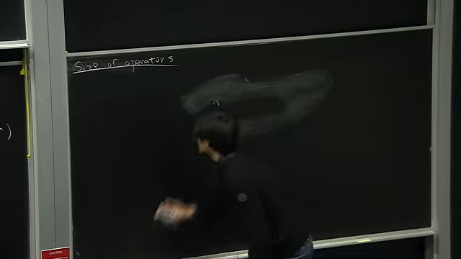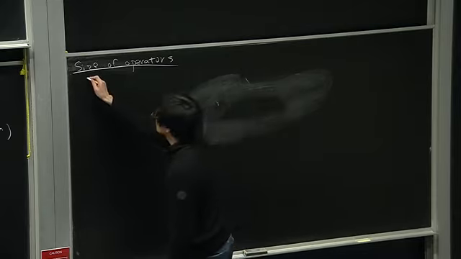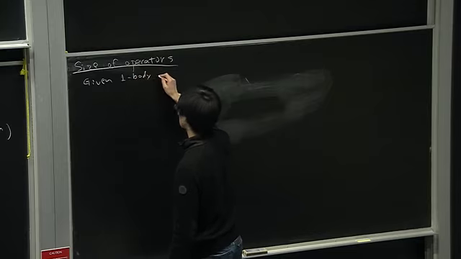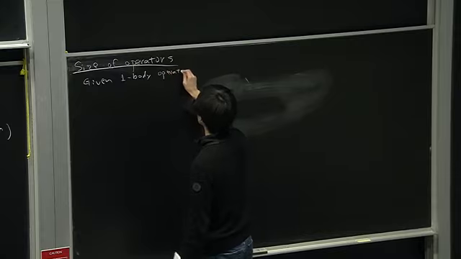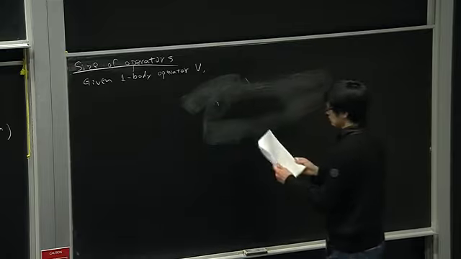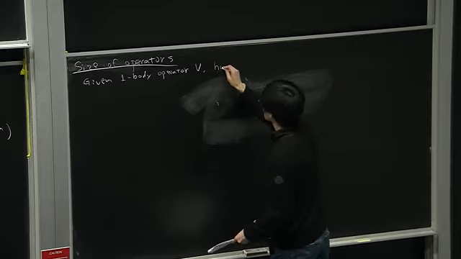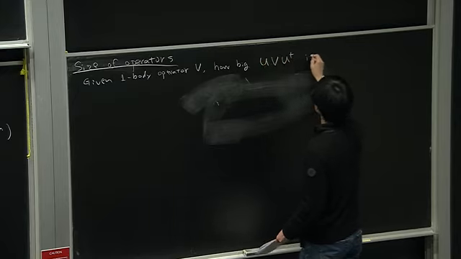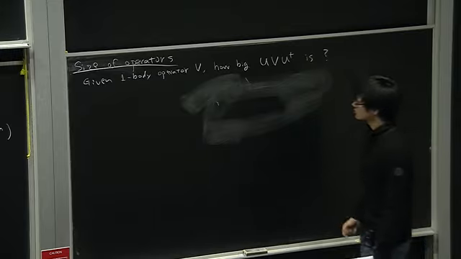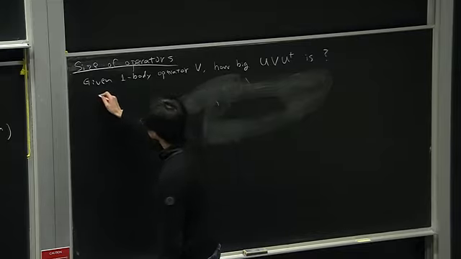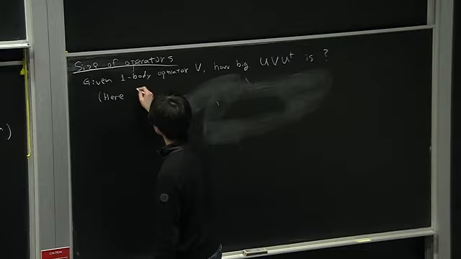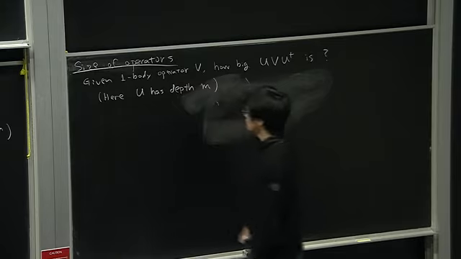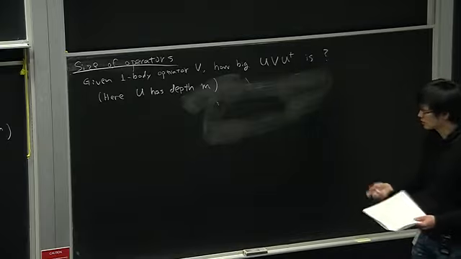So let me ask a very concrete question. Given a one-body operator, that's any operator, V, how weak... this unitary circuit has a circuit depth m, which is some finite number.